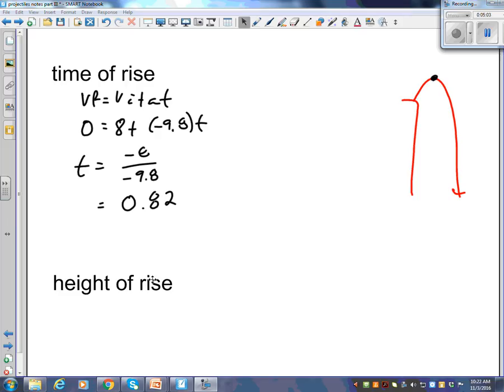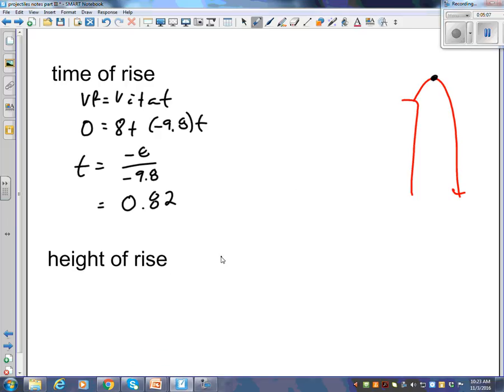Not. Height of rise. How high does it go? Well, we know we're solving for the displacement. We know the initial velocity. We know the time. I could use this one. Or now that I don't even need the time, I could have done it this way, right? Either one of those would work.